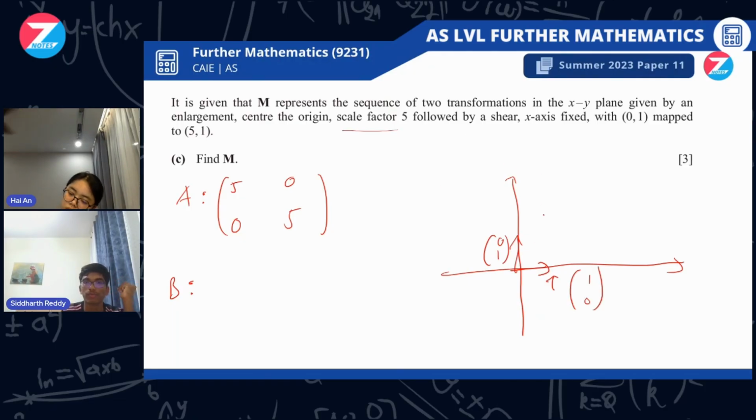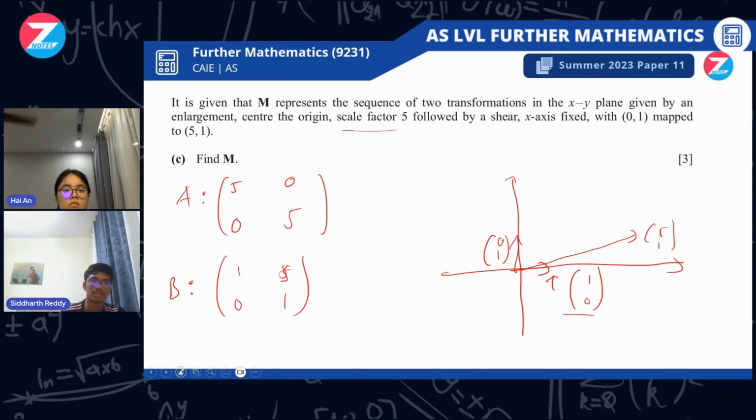Basically, it's being moved to (5, 1). So since the i hat vector has stayed the same, the first column will be (1, 0) only. And since j hat has moved to (5, 1), the second column becomes (5, 1).